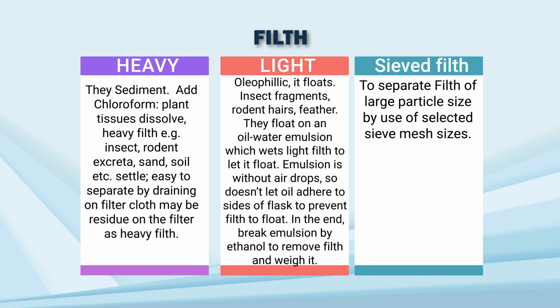After it is floated, you break the emulsion by adding alcohol and remove the filth by screening. You can also sieve the filth. If the filth is of bigger particle size, then you screen your material, like any liquid material or juices, through the sieve, and all the filth will remain on the screen and the material will pass through.